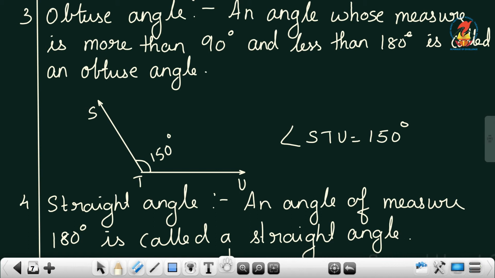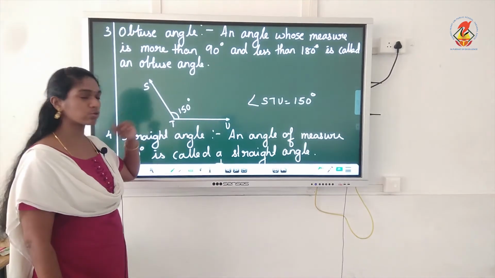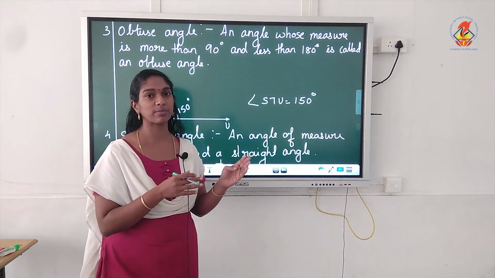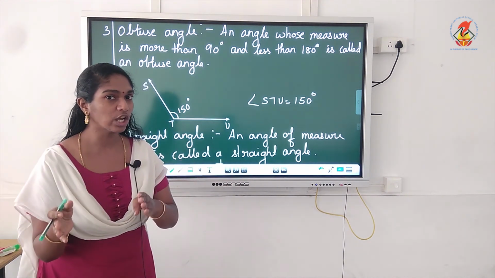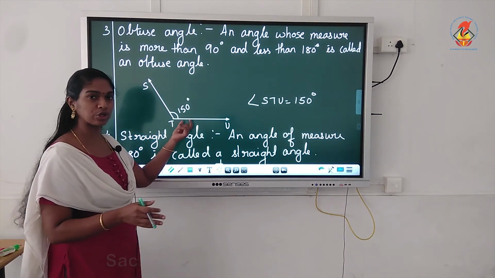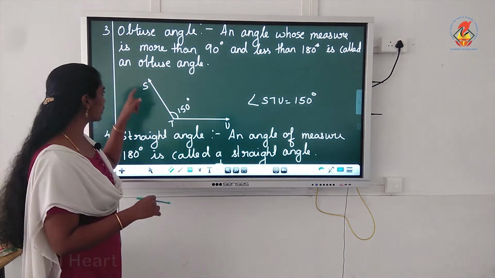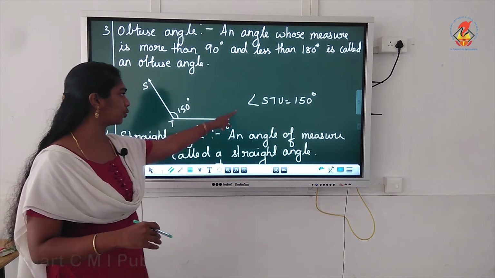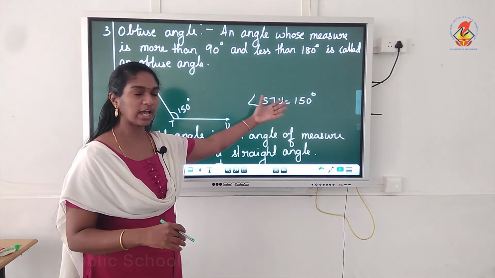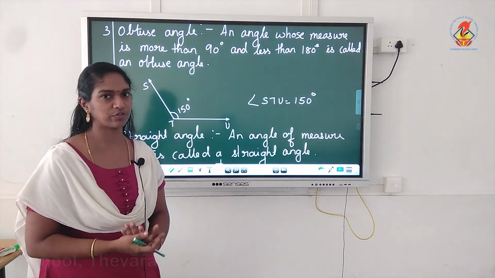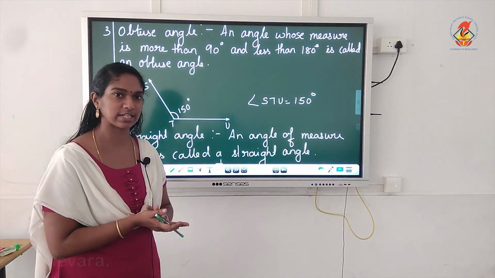That type of angle is called obtuse angle. See, it is 150. 150 is coming between 90 and 180. So this is an obtuse angle. Angle STU is equal to 150 degree. I can also write this as angle UTS equal to 150 degree. T should be the middle letter.